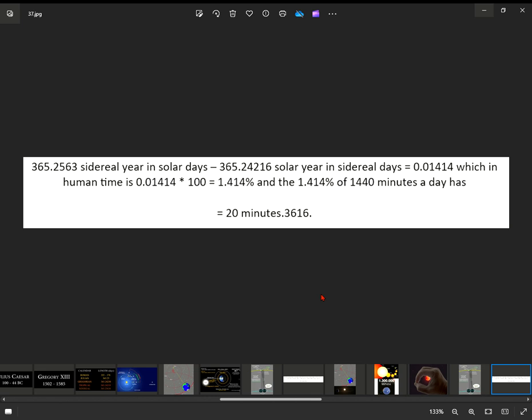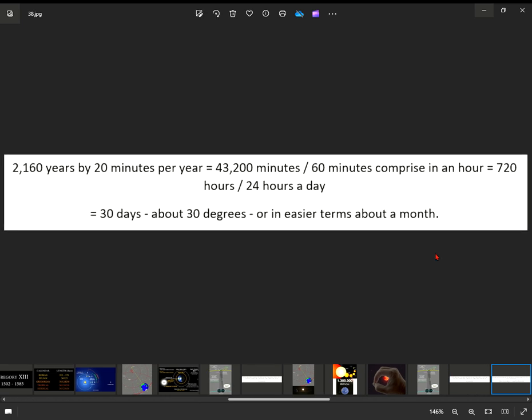When we accrue this yearly difference over the span of 2,160 Earth solar years, it will total about a 30-degree retracement. This is the calculation you should do to understand the 30-degree reversal motion.